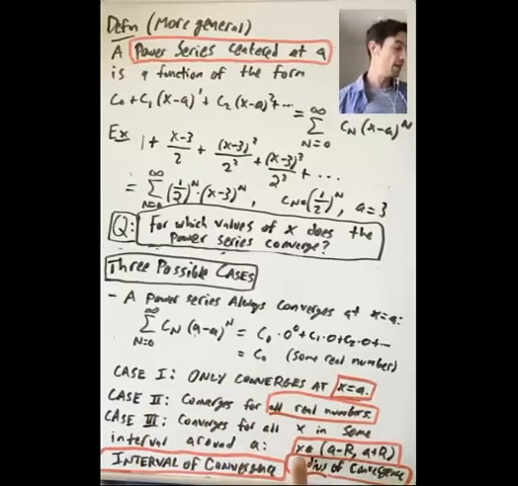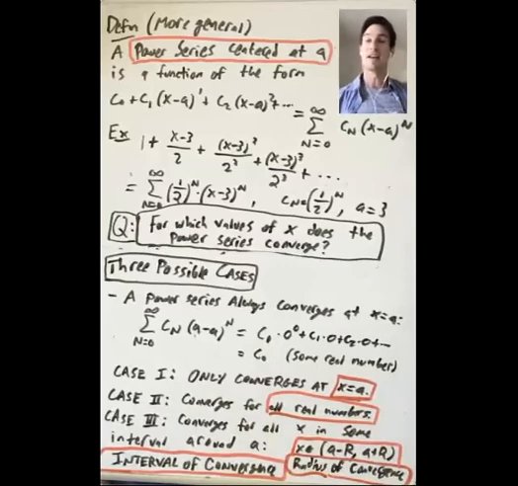What does that mean? It converges if x is in this interval between a minus r and a plus r. So r is some real number. a is in the middle of this interval. And the series converges if you put in some real number in this interval that's around a in the middle, and maybe it goes to a plus 2 and a minus 2, or a plus 10 and a minus 10.